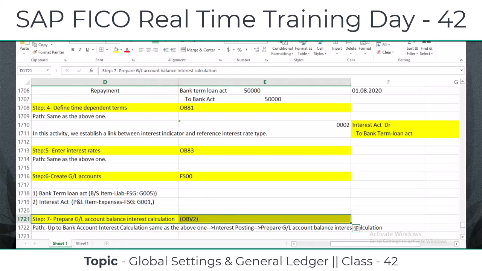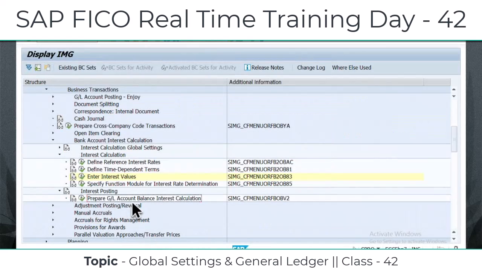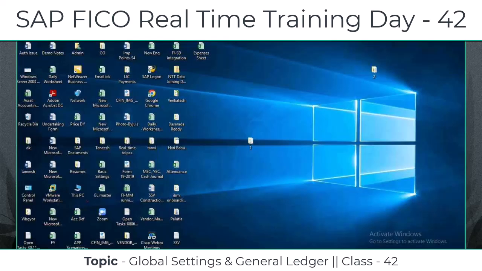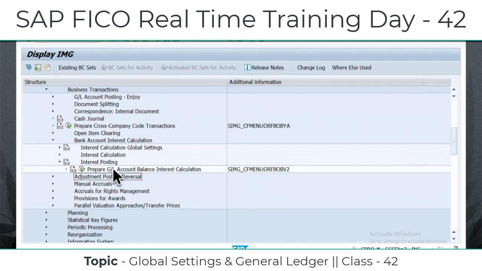Last configuration activity: Prepare GL account balance interest calculation. If you want, you can write down the path from the beginning. Otherwise, you can write down up to bank account interest calculation.